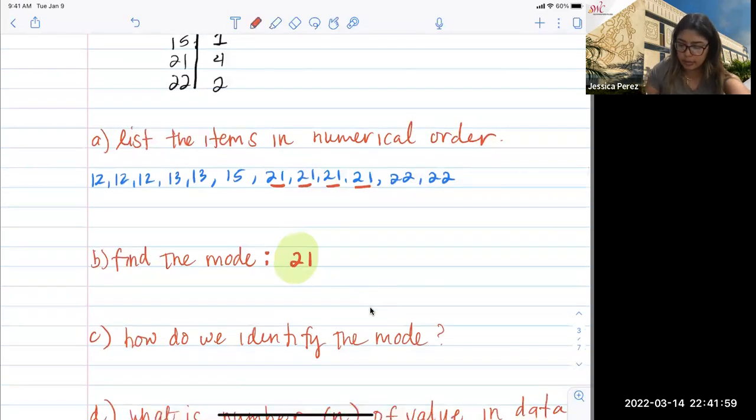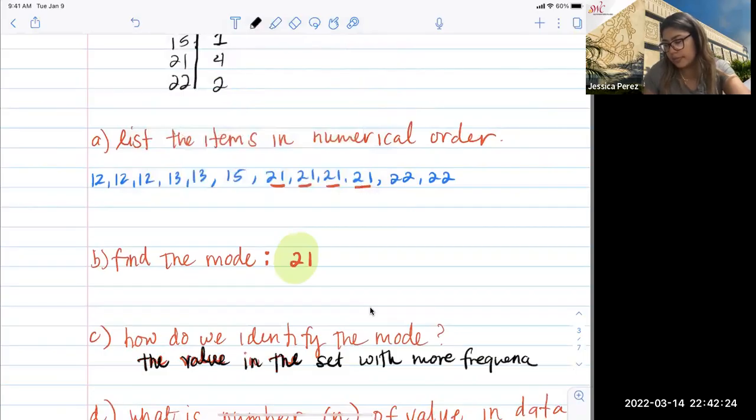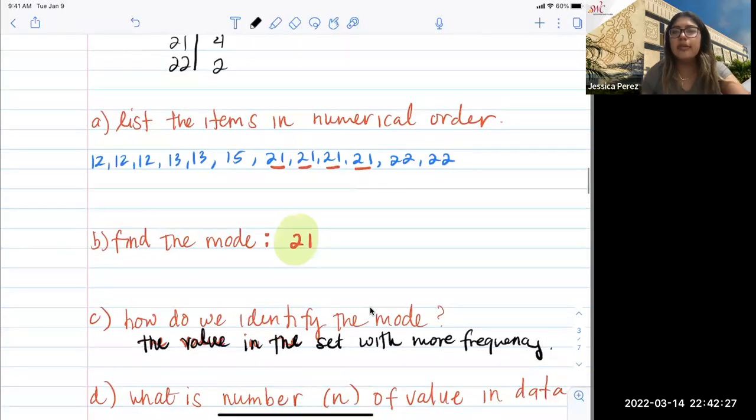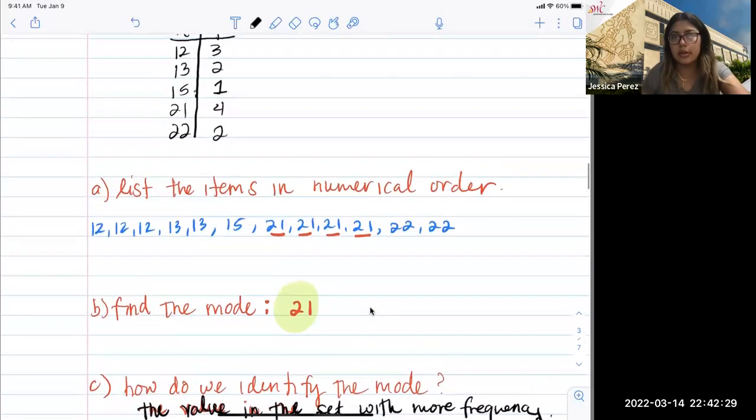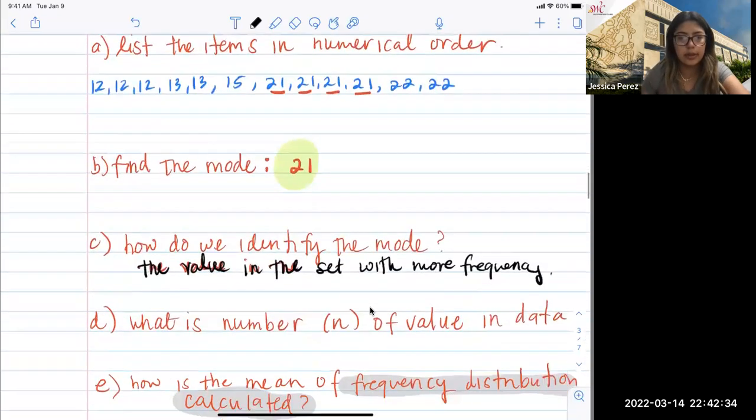Well, it's the value in the set or in the sample with more frequency. That is what the mode is. So who has a more frequency? Well, 21 does. So that's how we identify the mode.